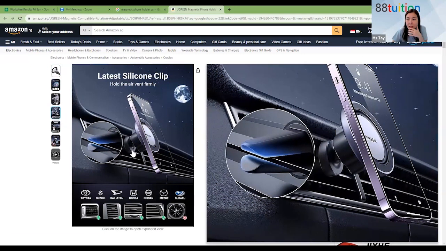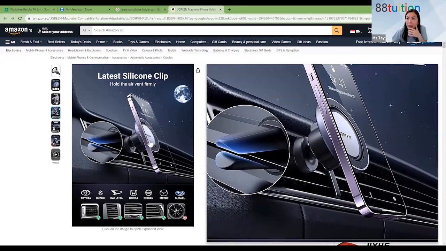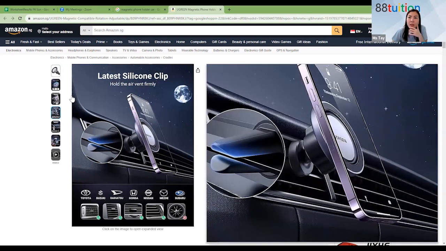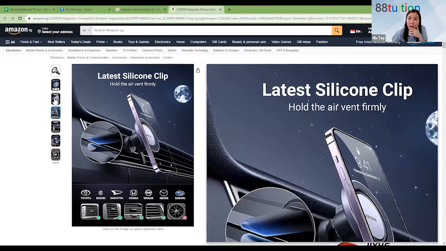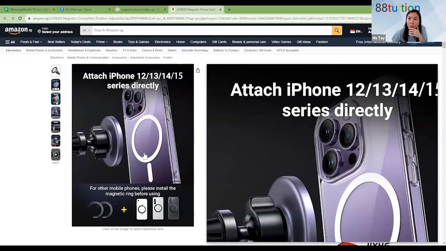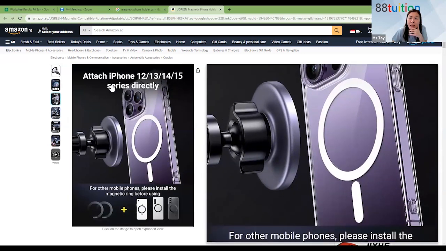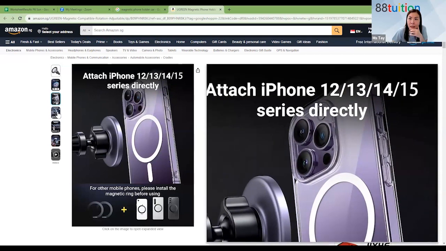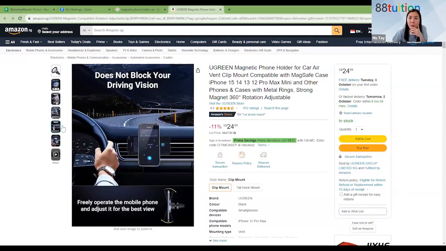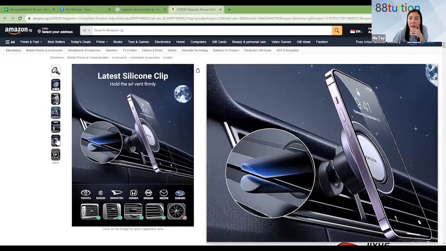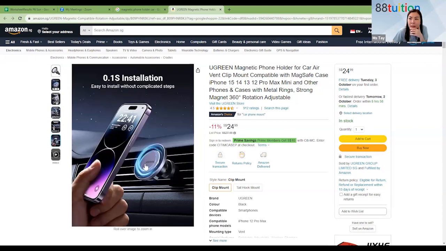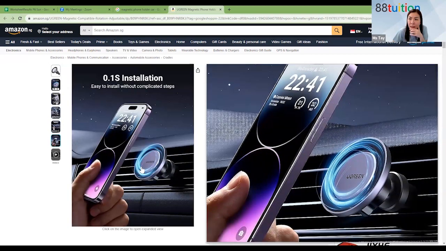So it's held nicely. Then at the back of the phone, you put a piece of metal. Can you see? Some phones can actually attach directly; other phones need a piece of metal placed at the back. Then here is where the magnet is.